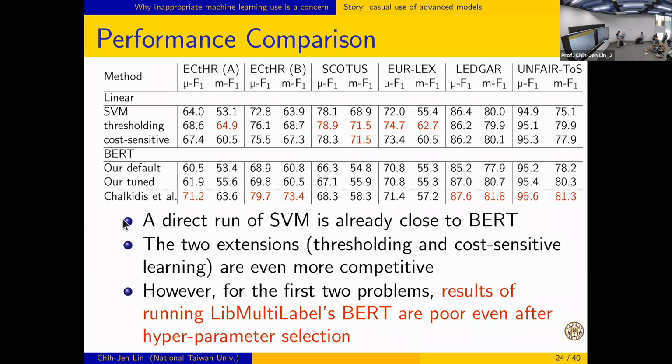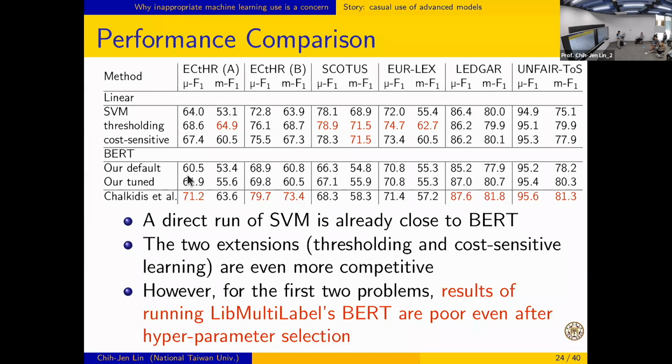But let's check the BERT results by our solver. For the last 4 data sets, my BERT results are similar to the ones reported in their paper. However, you can see that for the first 2 data sets, even after hyperparameter selection, I get only 61. This is not only much lower than 71 by their BERT, but even worse than the vanilla run of SVM, 64 here.